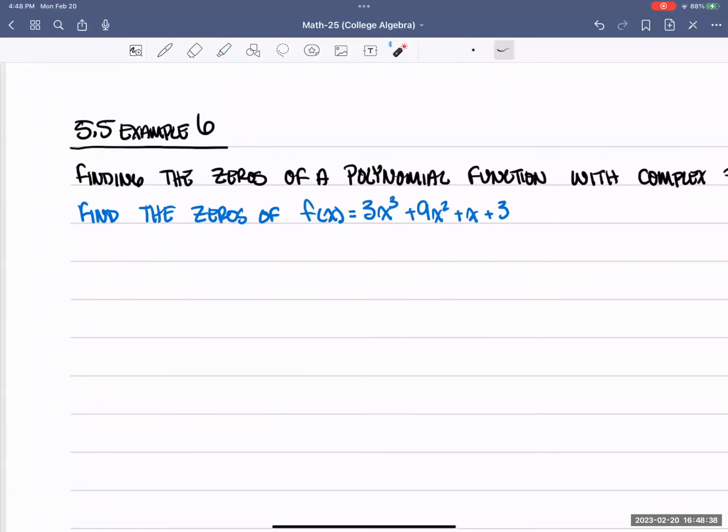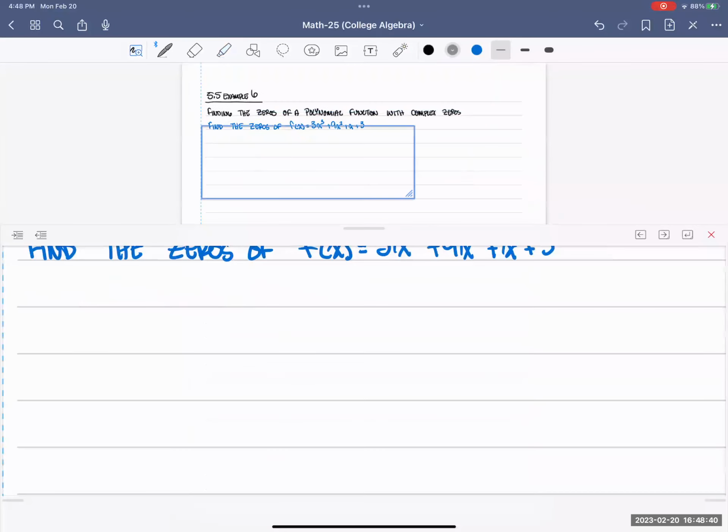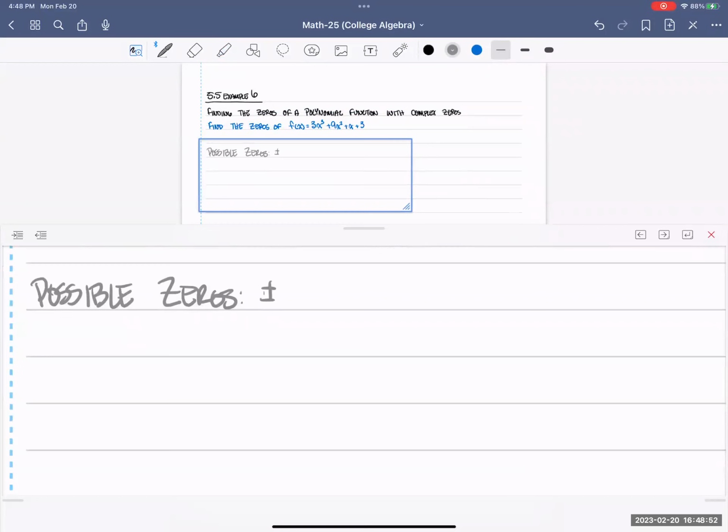Now let's list all possible zeros. So possible zeros, plus or minus, and they'll be in the form of factors of 3 divided by factors of 3. So we have factors of 3 are 1 and 3, and factors of 3 are, again, 1 and 3.